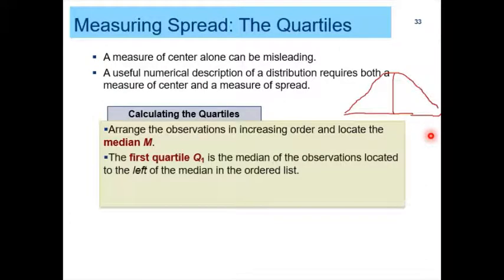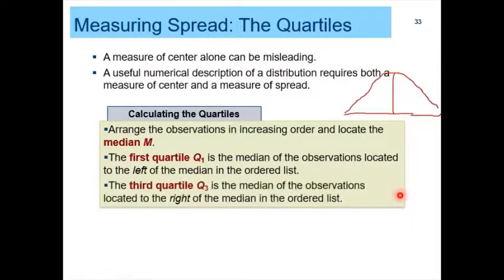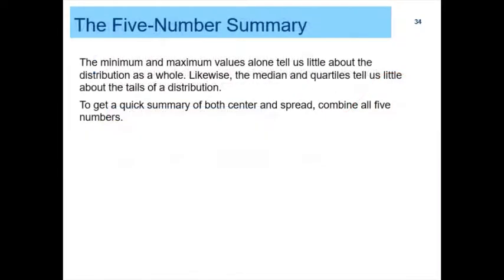For the median, we have to arrange the observations in increasing order. The first quartile is the median of the observations located to the left of the median in the ordered list, whereas the third quartile is the median of the observations located to the right of the median in the ordered list. Now we come to the 5-number summary.